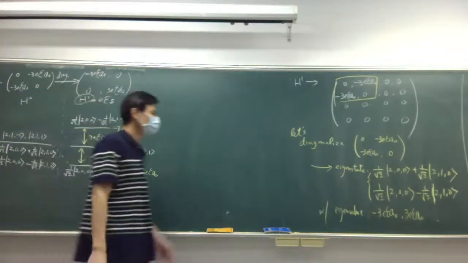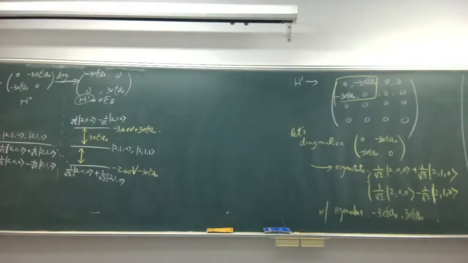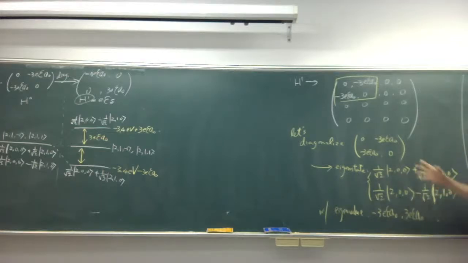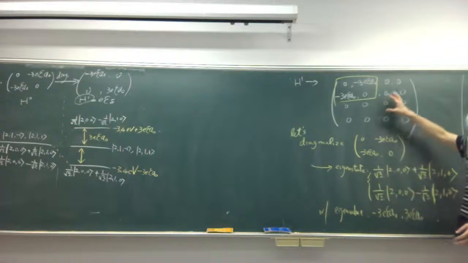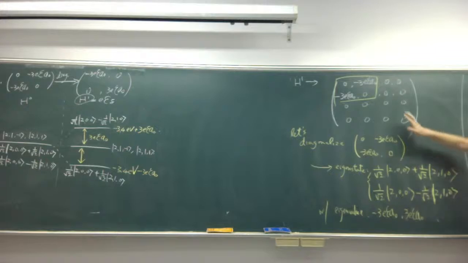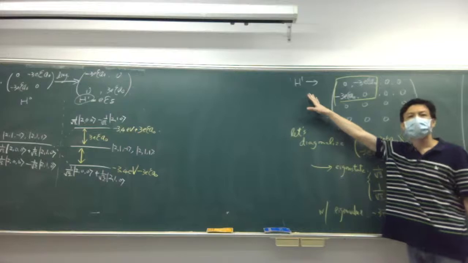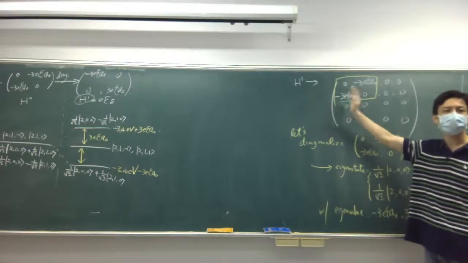Well, up to now, you should have a sense of how to deal with this perturbation. For example, over here we use the old basis, which is not the good basis, to write down the matrix form of the perturbation, and then diagonalize it.